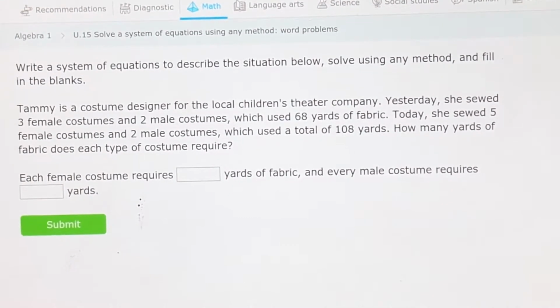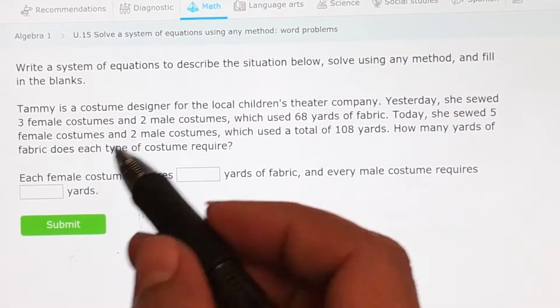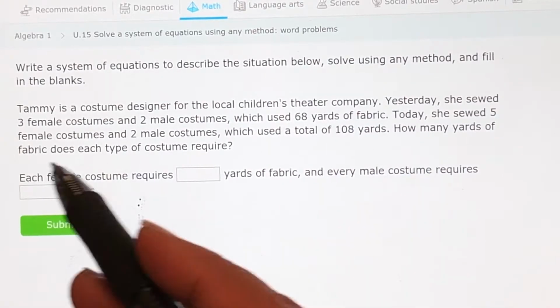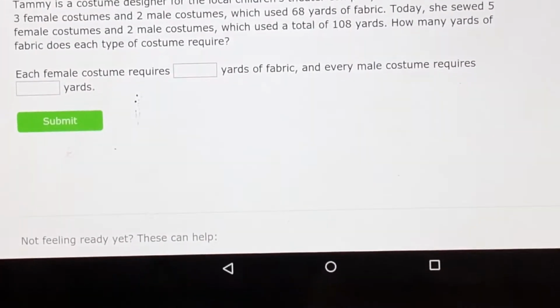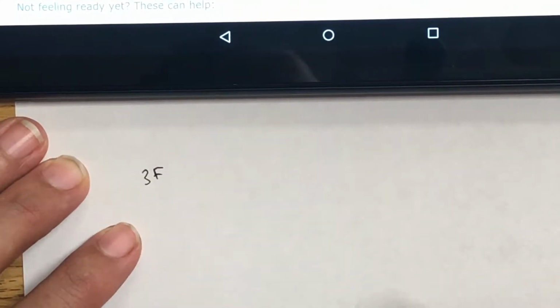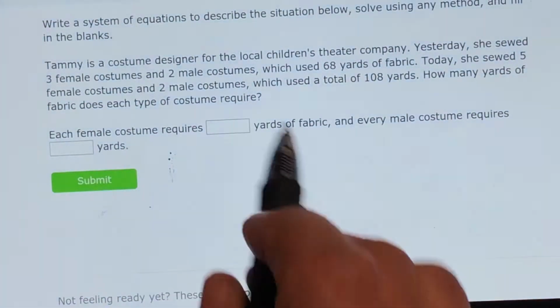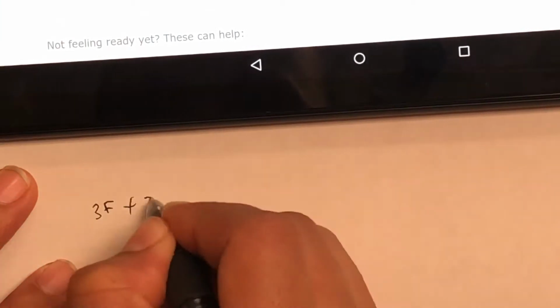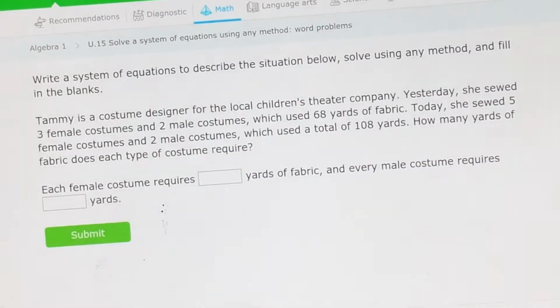Okay, so Tammy is a costume designer for the local theater company. Yesterday she sewed 3 female costumes. As soon as I see a number, I start writing something down. So 3 female for F, and 2 male costumes, so 3F plus 2M equals 68 yards of fabric.